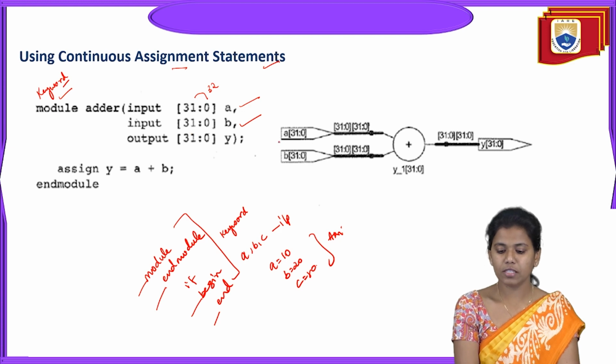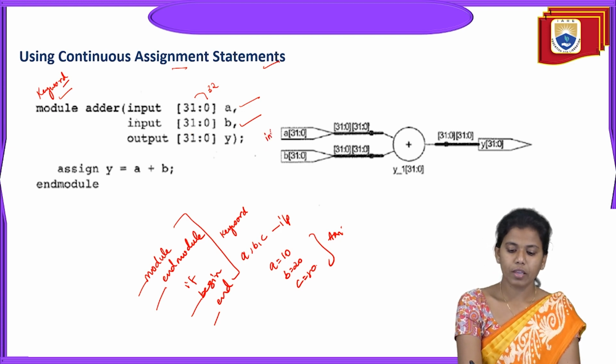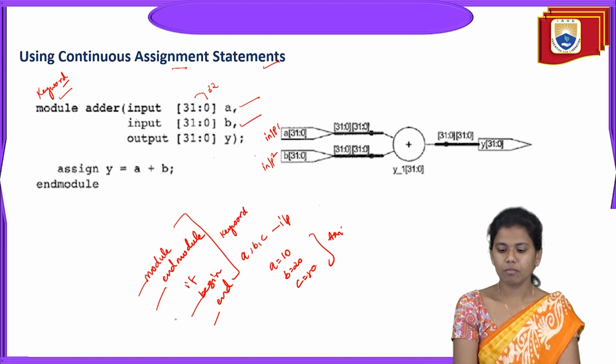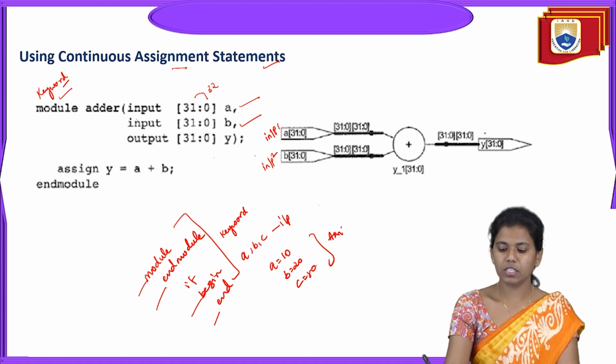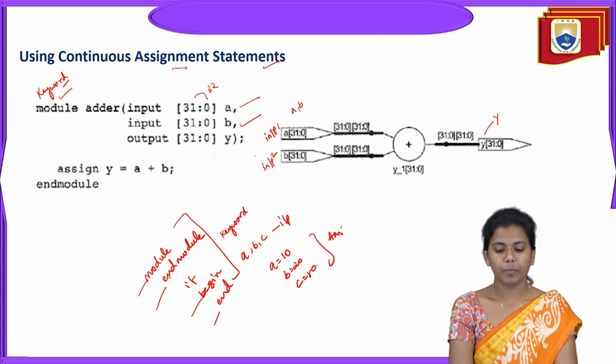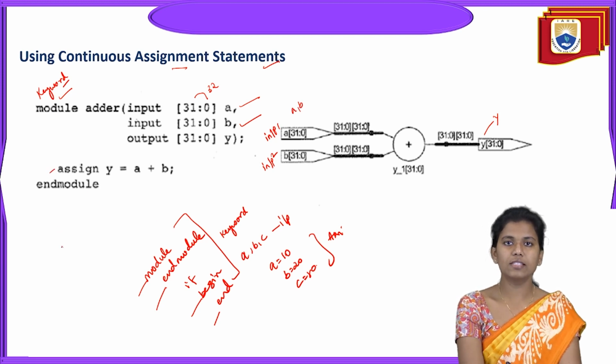Here is my input 1 and here is my input 2, both [31:0]. My output would be the same, [31:0]. I'm representing Y as the output, with A and B as the inputs, and then using the assign keyword.